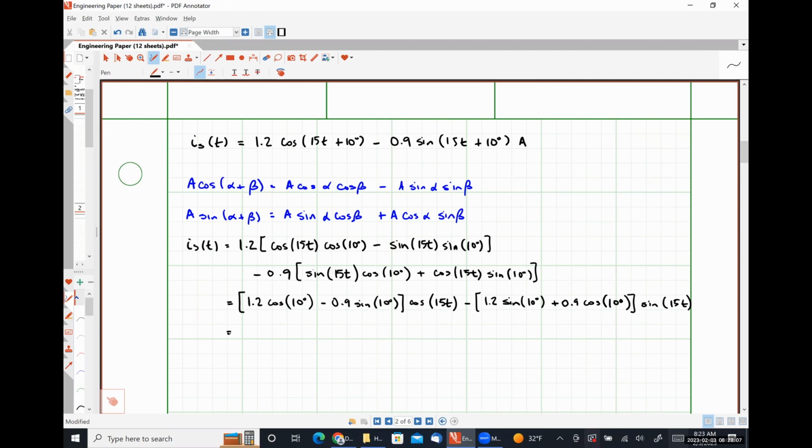And so now I can just evaluate parts of this in my calculator, right? Because 1.2 cosine 10 degrees minus 0.9 sine 10 degrees is literally just a number. That number happens to be 1.025.